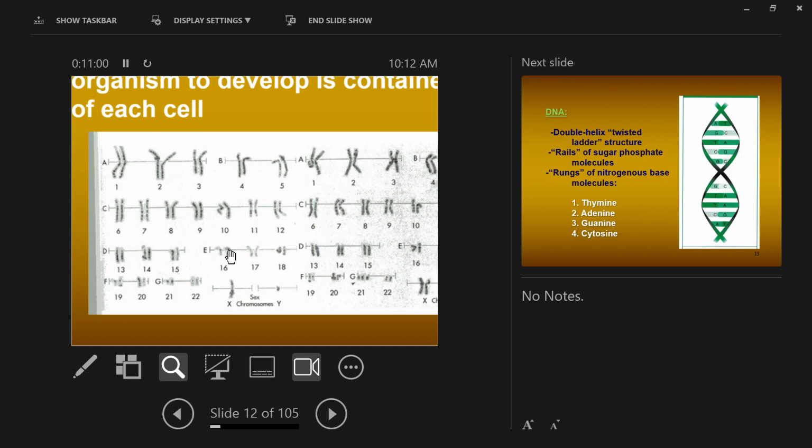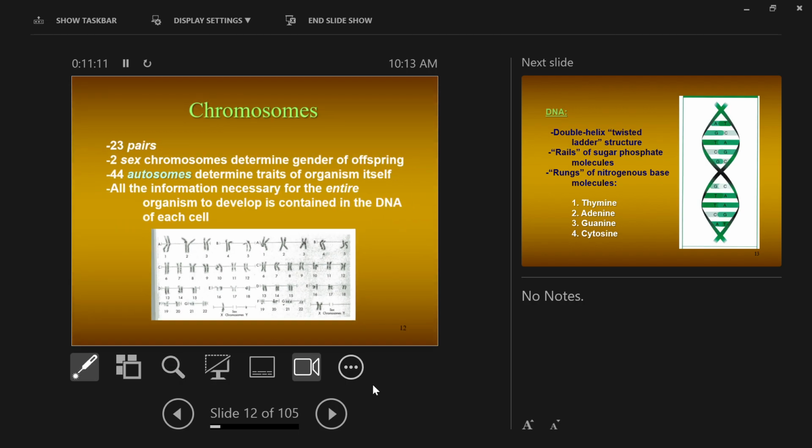They're sort of like 2 side-by-side sausages, roughly X-shaped if you stretch your imagination a little bit. Let's zoom in now. So now we went from zooming way out to all the chromosomes shown in a picture. Now we're going to zoom way in to just one single strand of DNA.